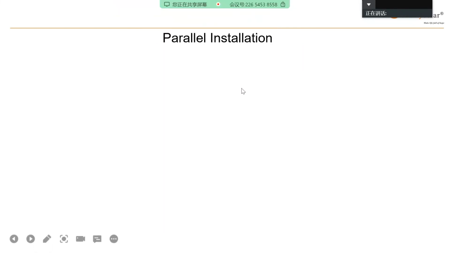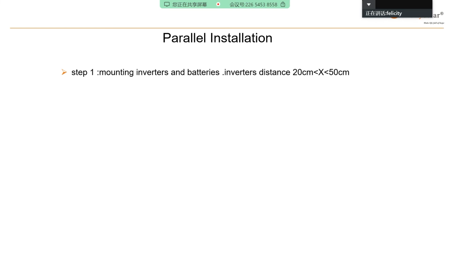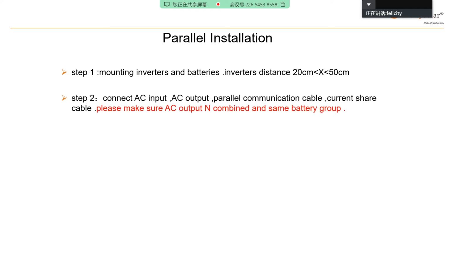Okay. So next step, let's do the parallel installation, the kind of training or reminder. Here, the first step is mounting inverters and batteries. The inverter distance you need to be careful with is 20 to 50 cm. And step 2, connect the AC input, AC output, parallel communication cable, and current sharing cable.